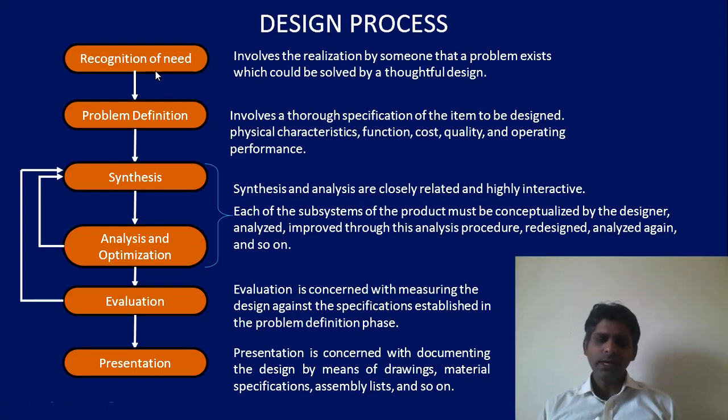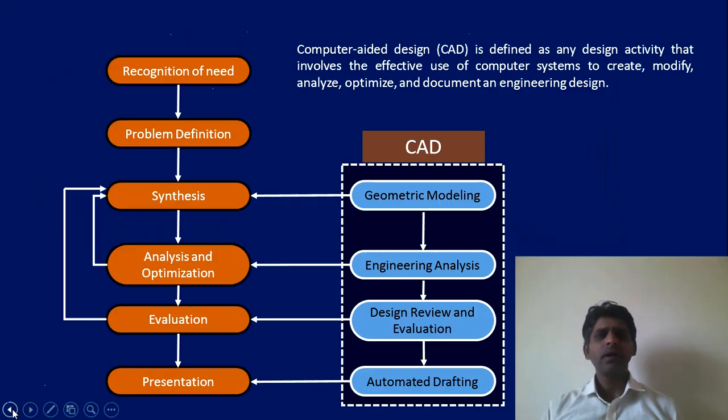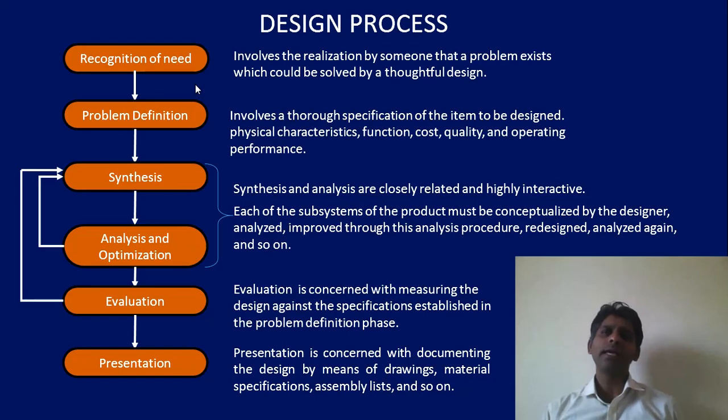Let us try to understand this with a simple example of software. Like for example, we have a simple software like MS Paint, and then we have a little more advanced software like Corel Draw, which used to be used extensively.